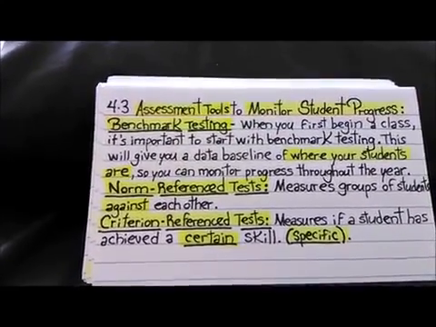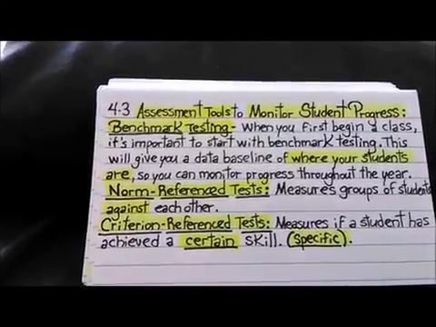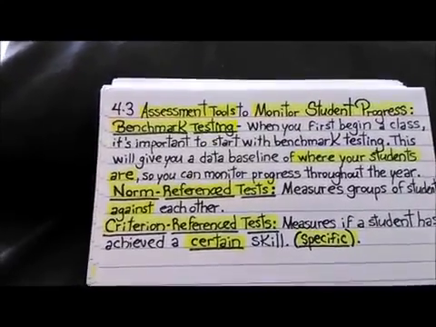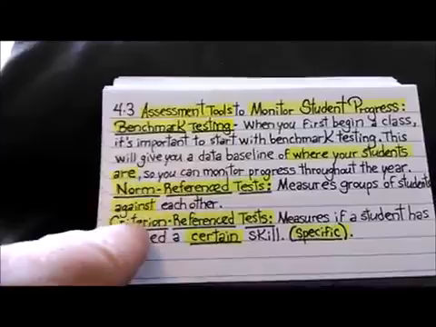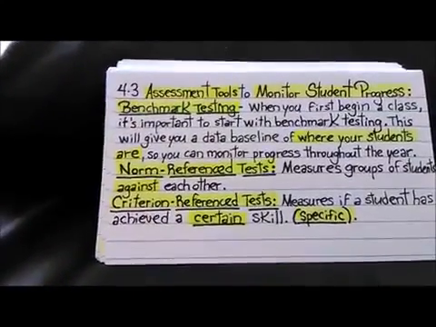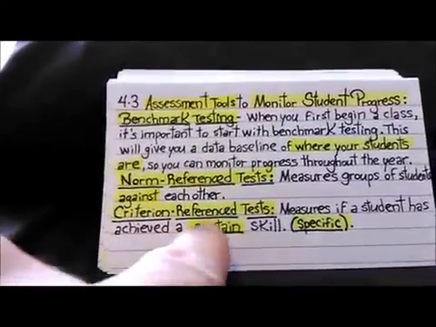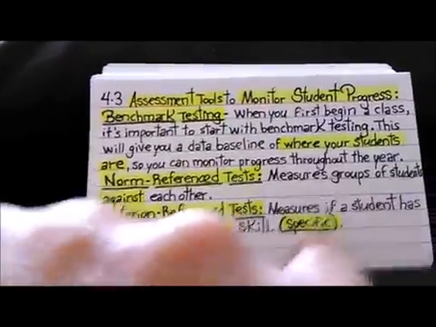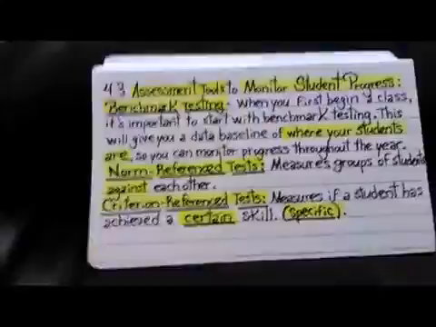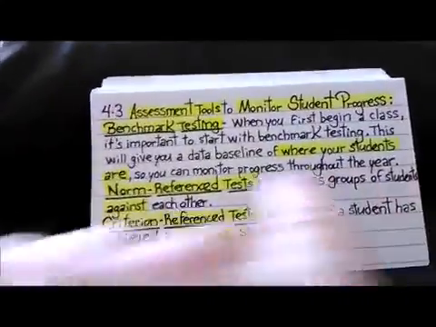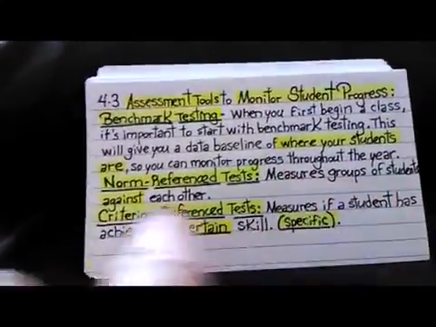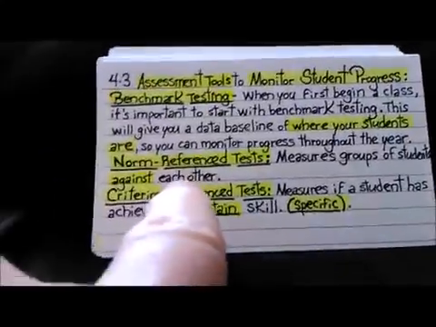A norm reference test measures groups of students against each other. And a criterion reference test measures if a student has achieved a specific skill. That's criterion. And norm is measuring groups of students against each other.